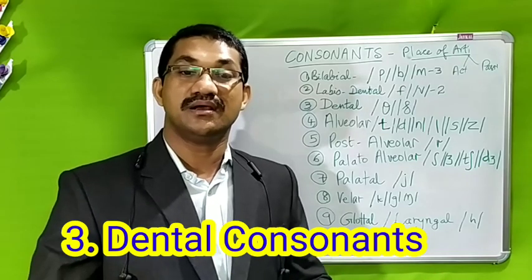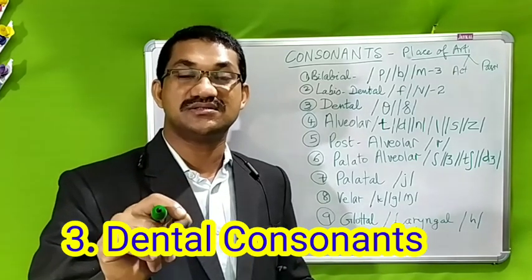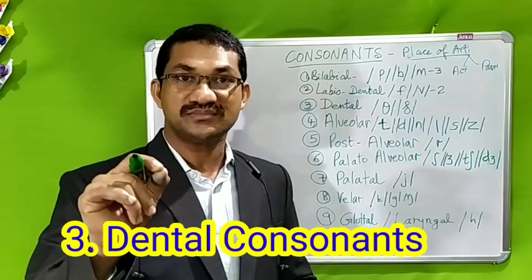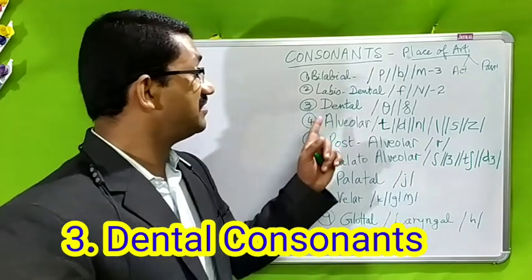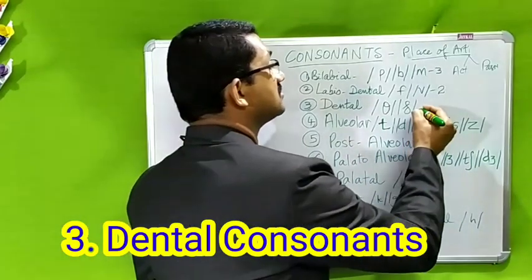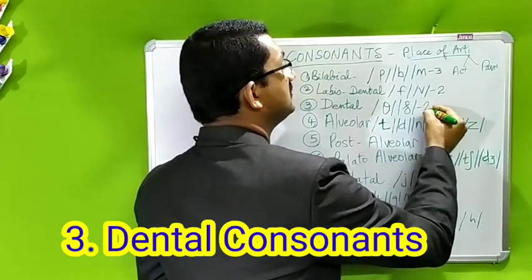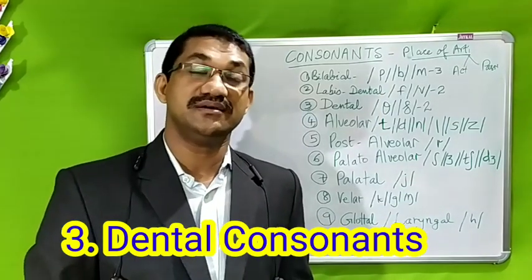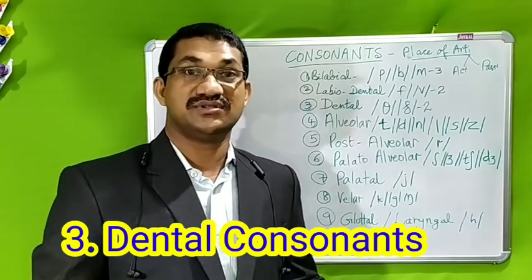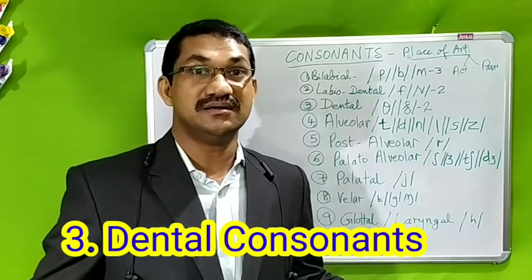Once again, the tip of the tongue is the active articulator. The tip of the tongue is against the upper teeth, and we have dental sounds. Two dental sounds, th and the, as in thank you, think, thief, this, father, mother.